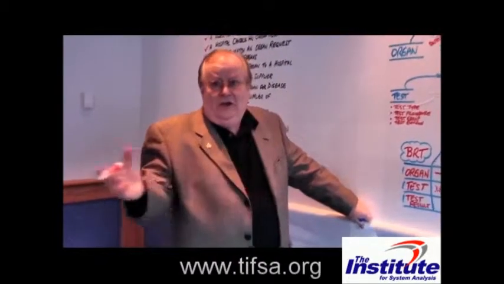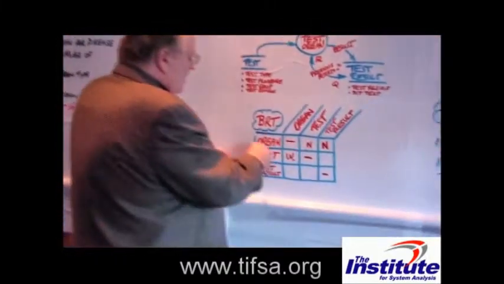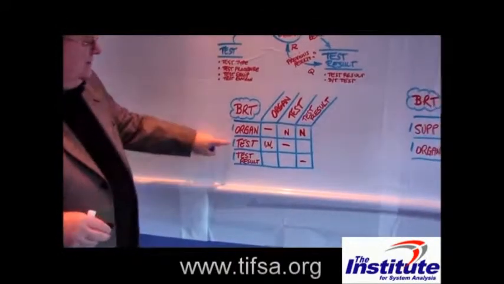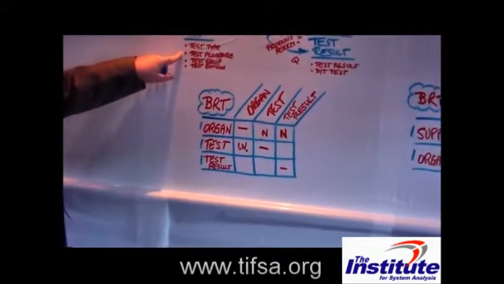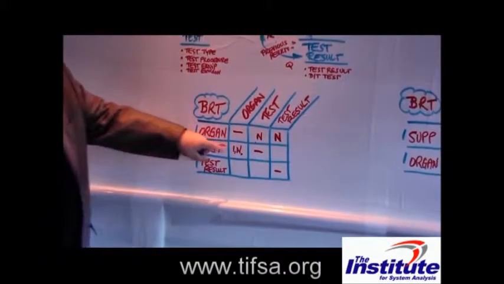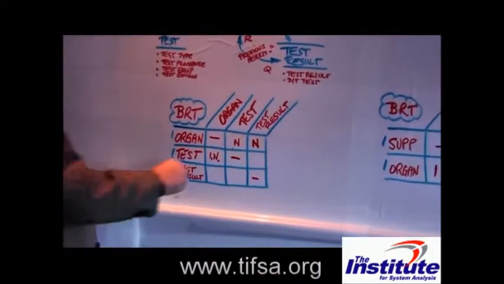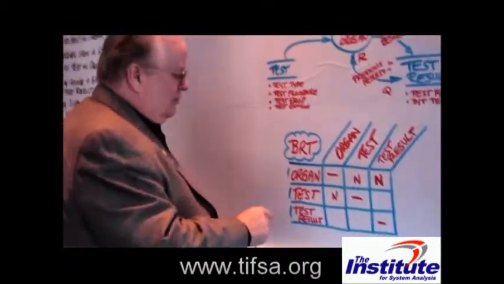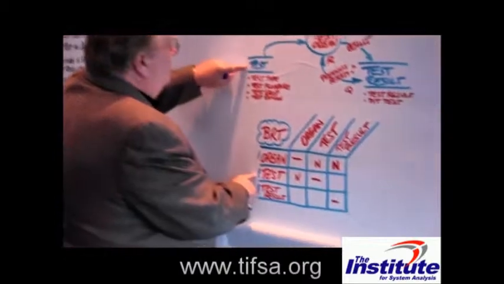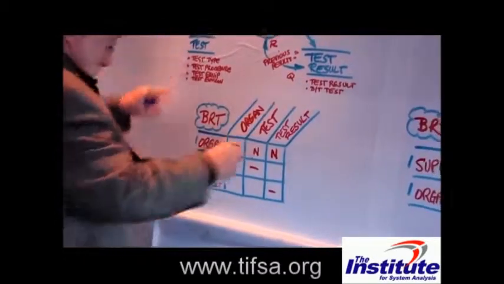We don't have tests that are not used. They're all used for something. Okay, so maybe one or many. And a single specific type of test, such as a hep C test, will always be applied to several organs. And if that's what they say, that's what I'm going to end up with, is an N, meaning numerous or many.